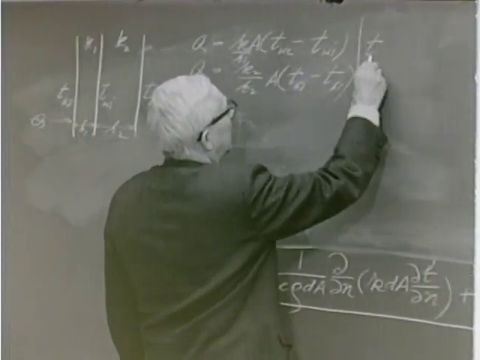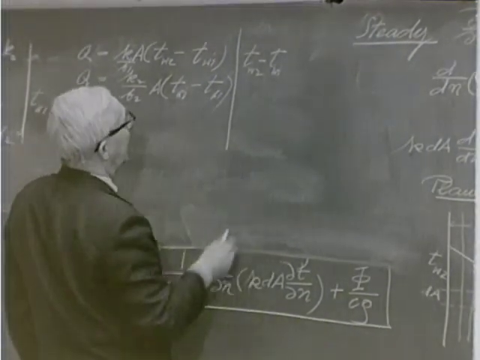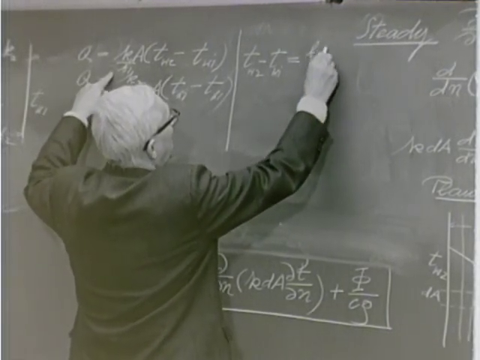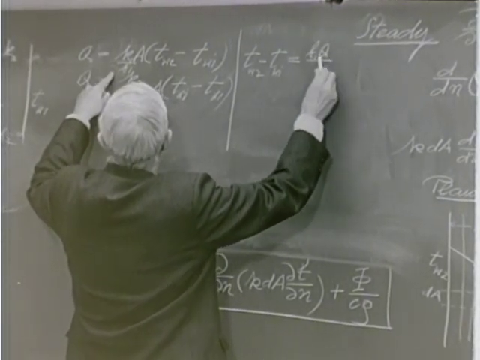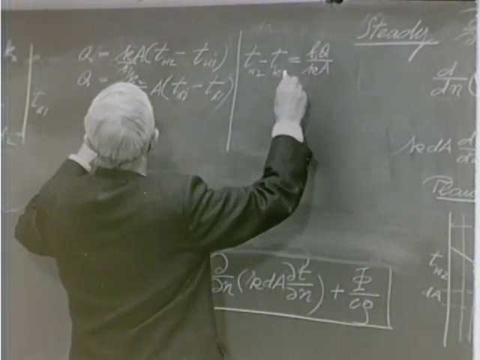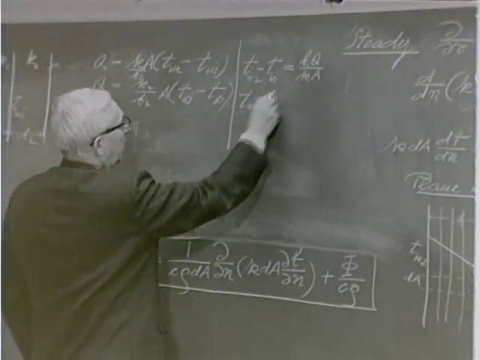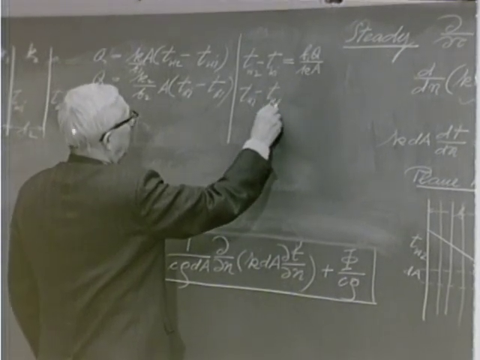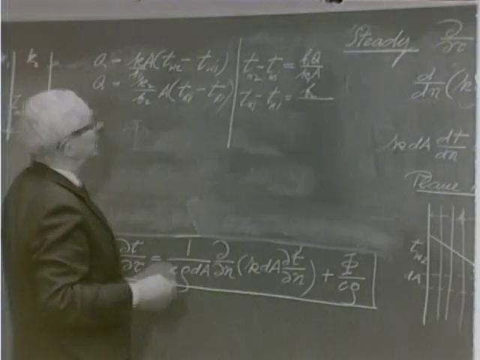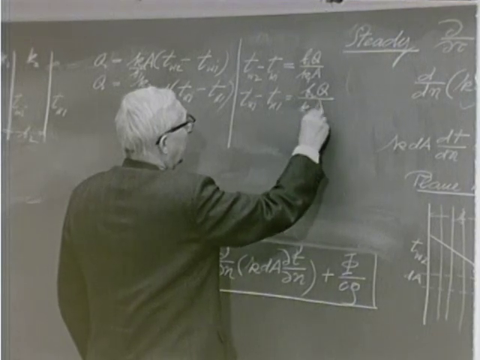So I have TW2 minus TWI equals B1 Q over K1 A. And TWI minus TW1 equals B2 Q over K2 A.